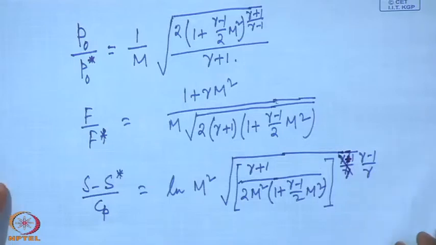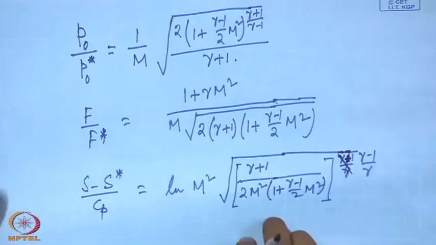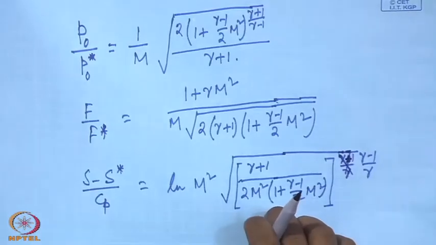Often it is important to find the pressure ratio between two stations where Mach numbers are m 1 and m 2.